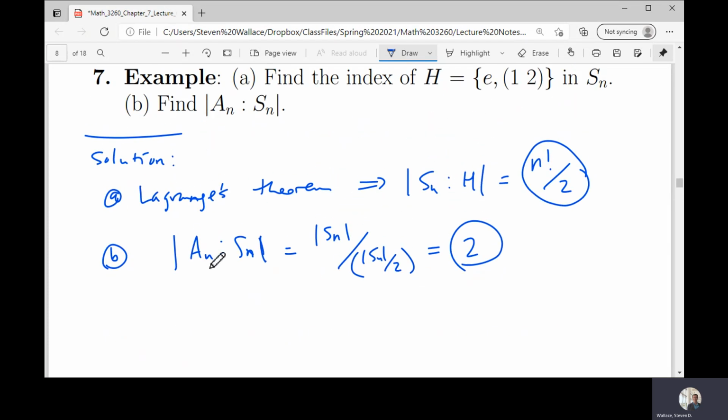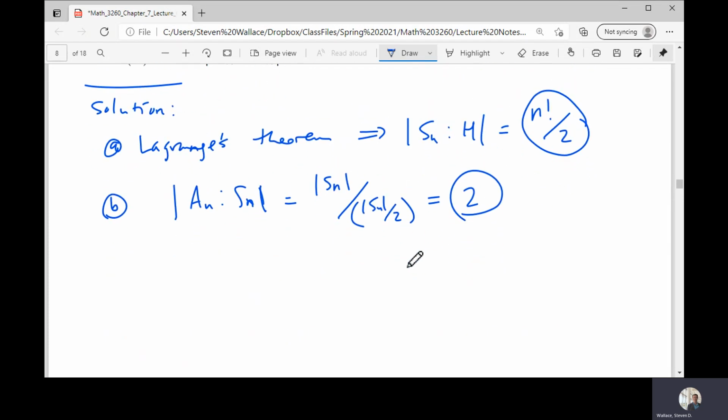Think of it this way, and maybe this is obvious. Say there's an element of Sn, and there's another element of Sn. These are the cosets.